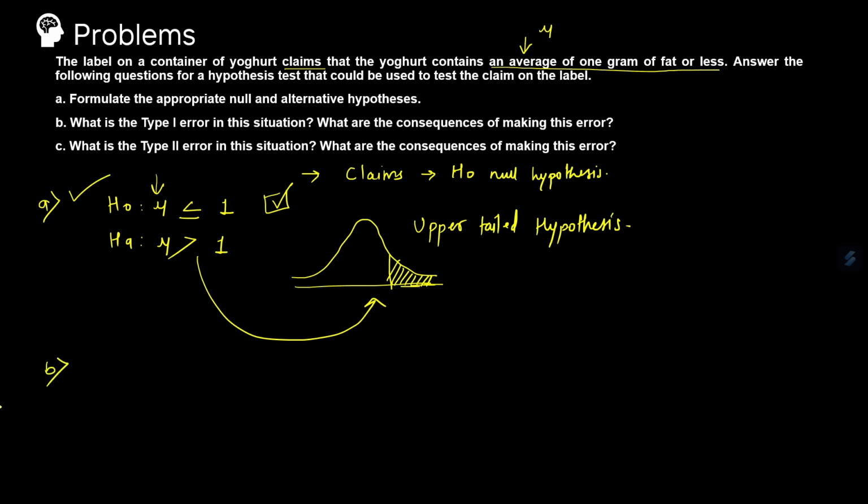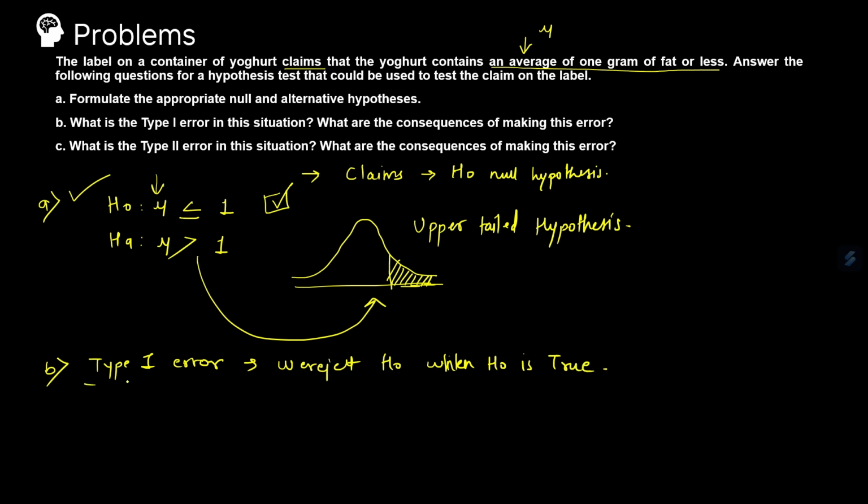Now let's solve question B, which says, what is the type 1 error in this situation? What are the consequences of making this error? Type 1 error is basically we reject H naught when H naught is true.